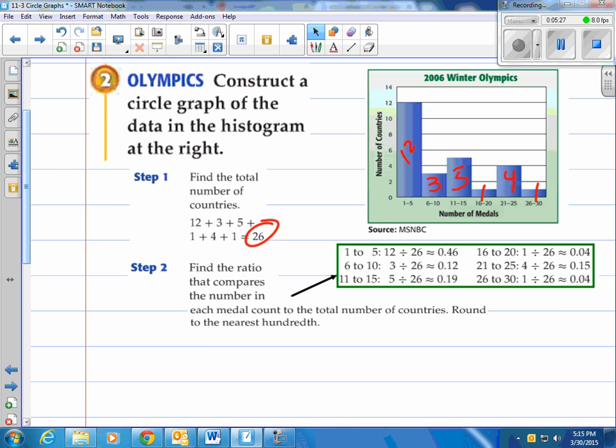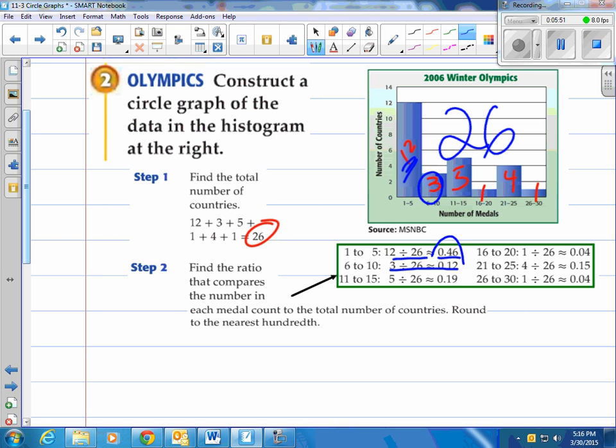Step 2, find the ratio that compares the number in each medal count to the total number of countries, rounded to the nearest hundredth. So we're literally taking 12 and dividing it by 26, the total number. So 12 divided by 26 is 0.46. Same with 3. 3 out of 26, 3 divided by 26, we get 0.12, so on and so forth.